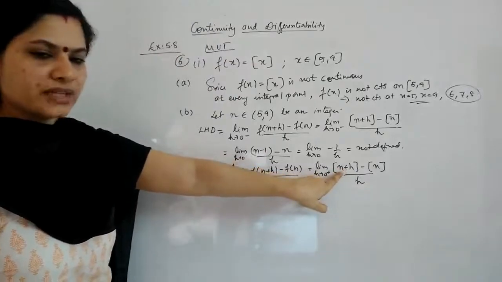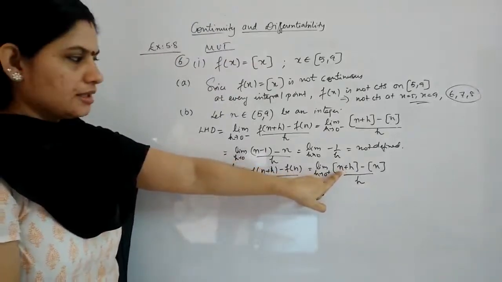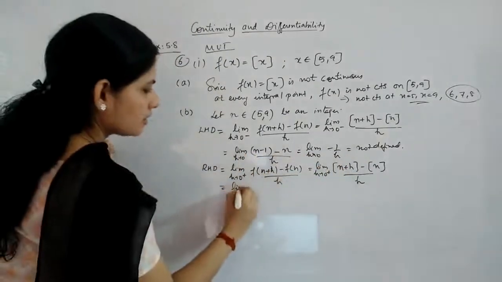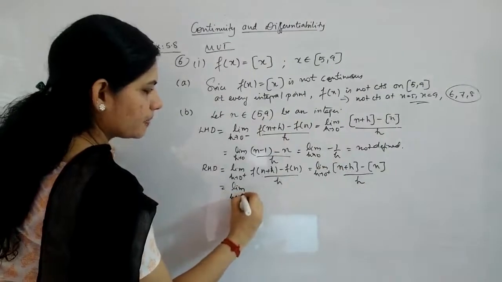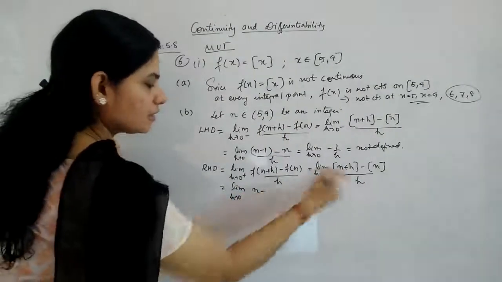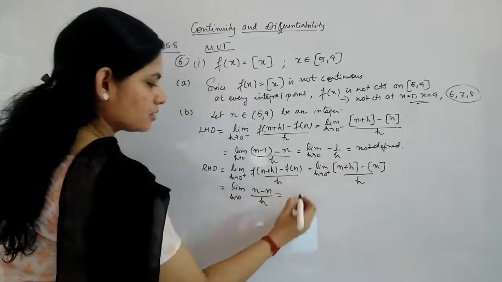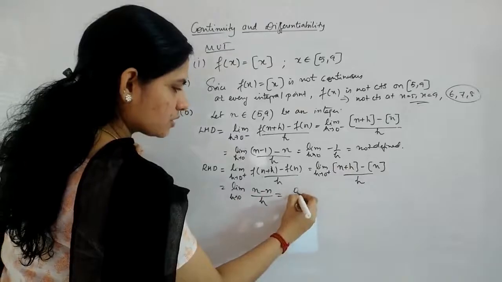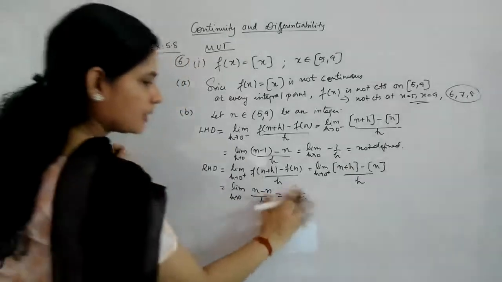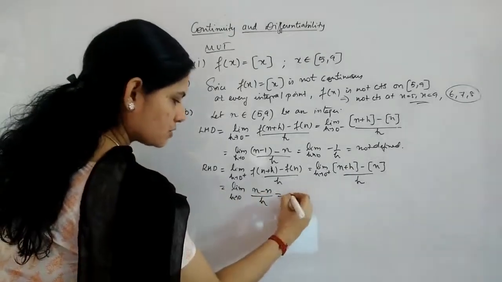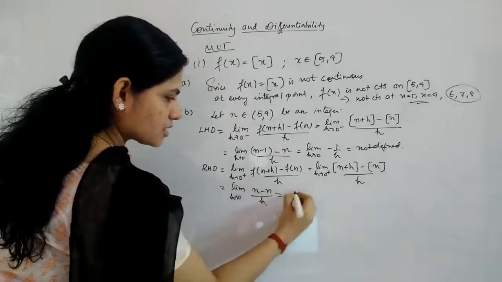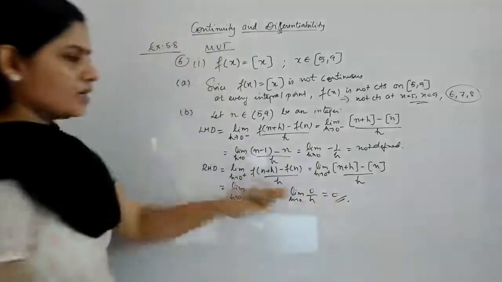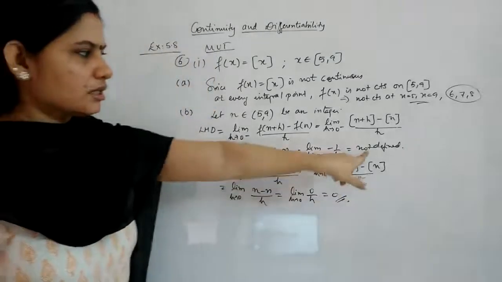So n plus h will give you a number which is greater than n, so the greatest integer is n. The other term is also n, so the numerator itself is 0. Limit h tends to 0, 0 by h is 0. So in that case you are getting 0, and here it is not defined.